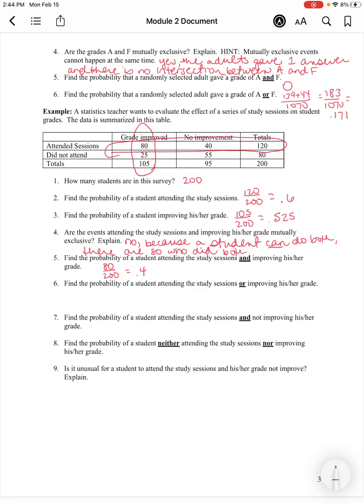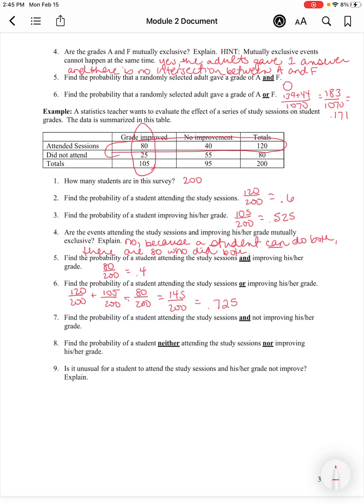So I could do 120 out of 200 plus 105 out of 200 minus 80 out of 200. Which gives me 145 out of 200, which is 0.725.